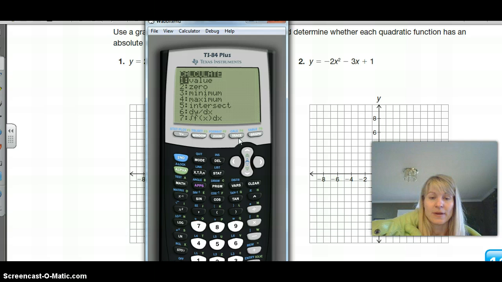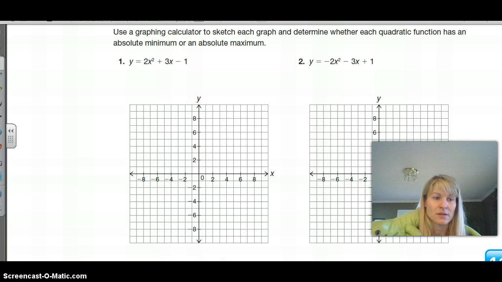And if we want to find the maximum, because there's a top value on this one, we're going to go down to 4, and we're going to left arrow it to about where we think the maximum is, and then hit enter, enter, to make our guess, and again that's -1/2 and 2. So we can go ahead and put our points here. This was at 1, and this one was at -1/2 and 2. So this one is going down.